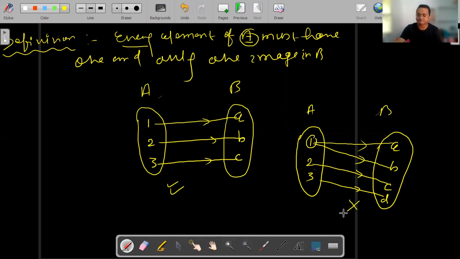Getting it? So what can we say? All elements of A should be mapped. Then you can say that this is a function. Otherwise, we cannot. Getting this? Okay. Now you see.